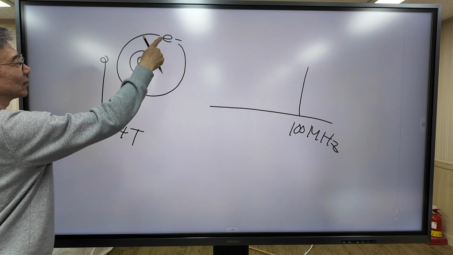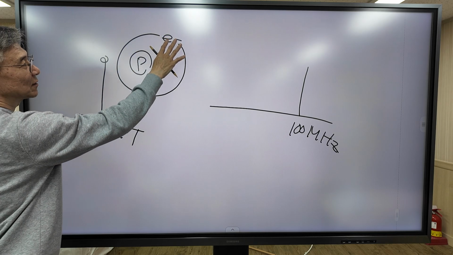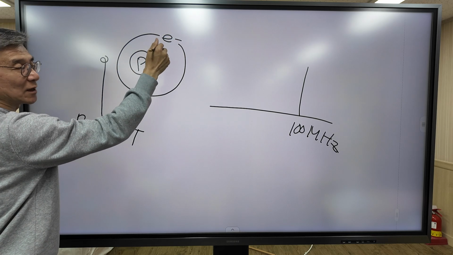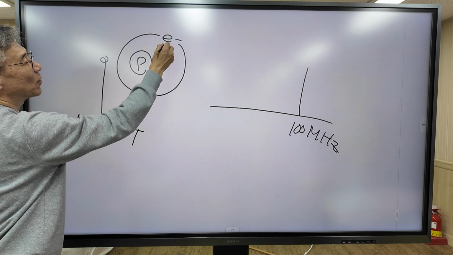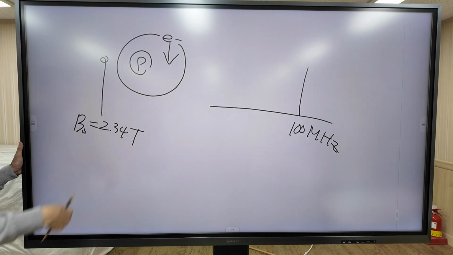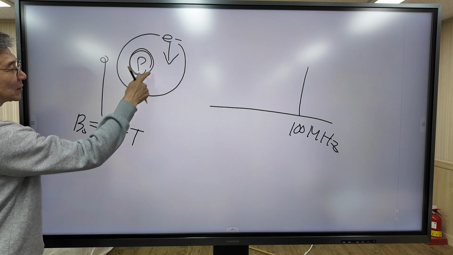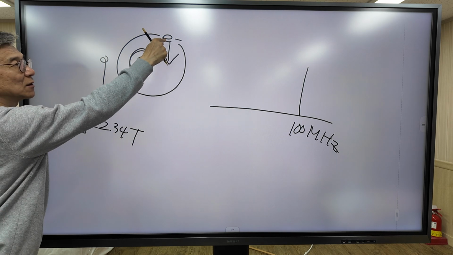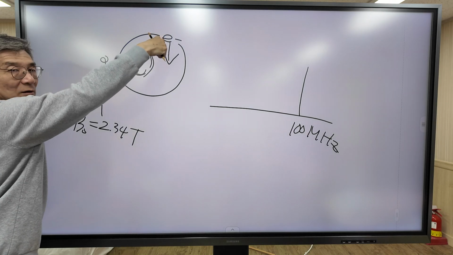Electrons surround the proton. Now, when you apply a magnetic field, the electrons respond by generating their own magnetic field. Generally, the magnetic field generated by the electrons opposes the original external magnetic field. So the proton does not fully experience the external magnetic field, because the field generated by the electrons opposes the original external field.